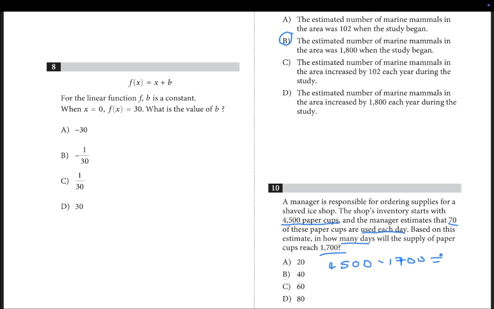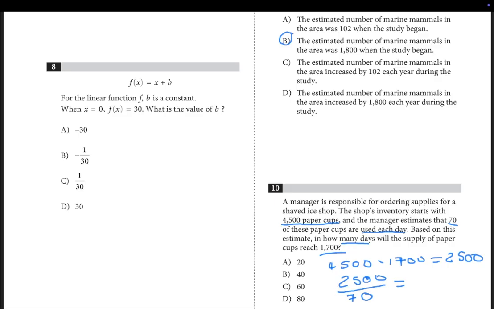It's going to leave us with 2,500. And then we're going to divide by 70, to see how many days it takes to use up those cups.